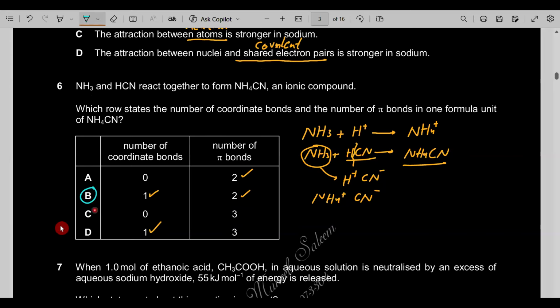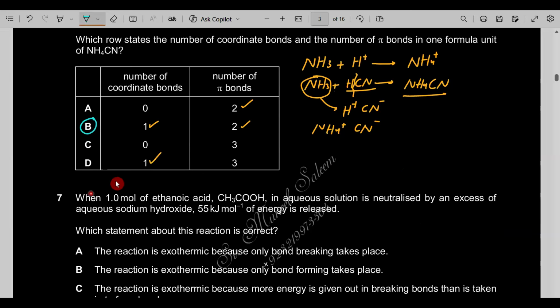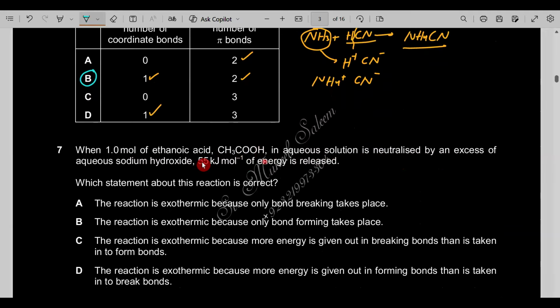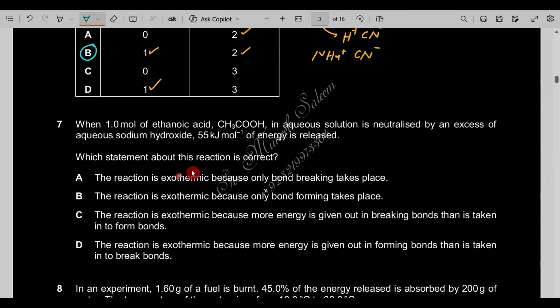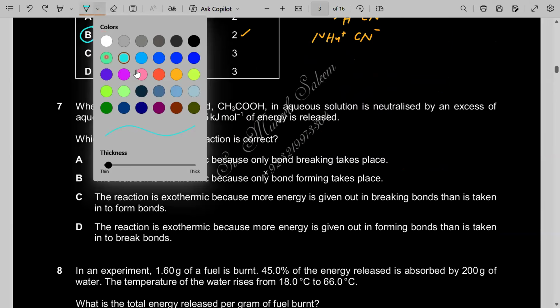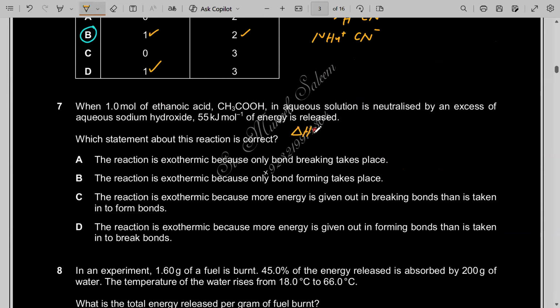Now, question number 7. When 1 mole of ethanoic acid in aqueous solution is dry, we have to justify why the reaction is exothermic. If you remember the topic from O levels, delta H is basically equivalent to bonds broken.